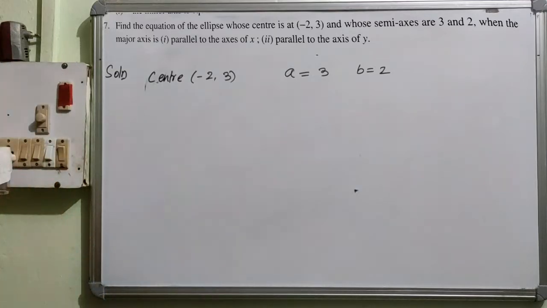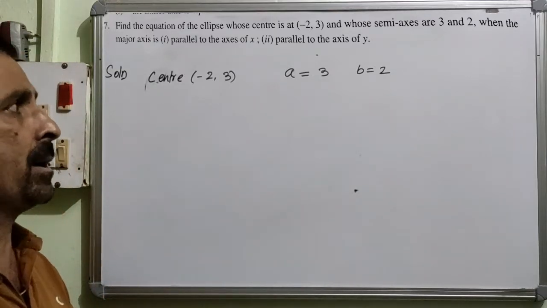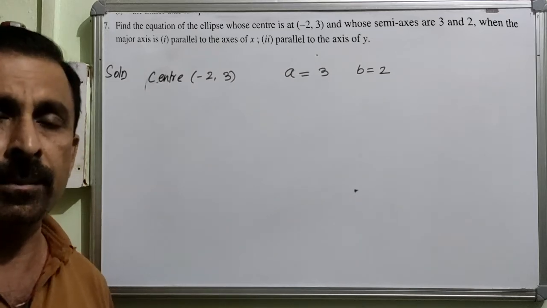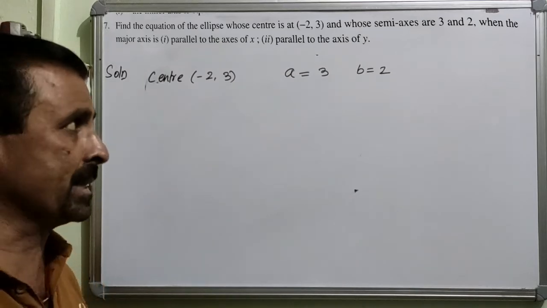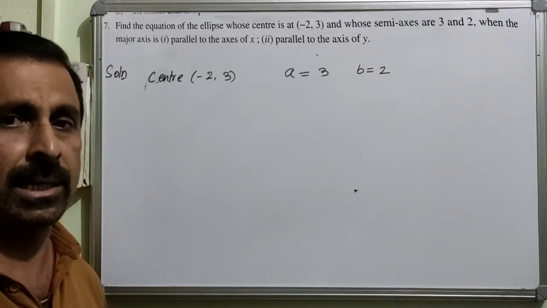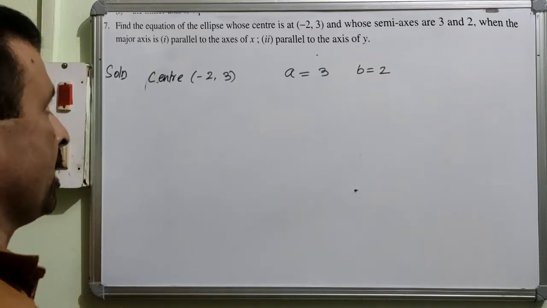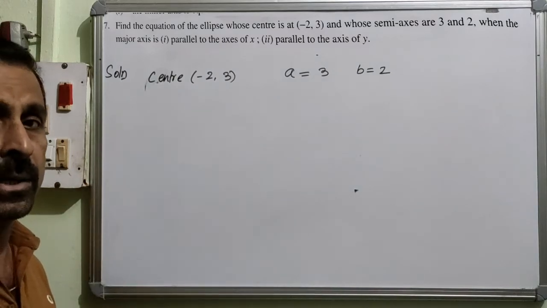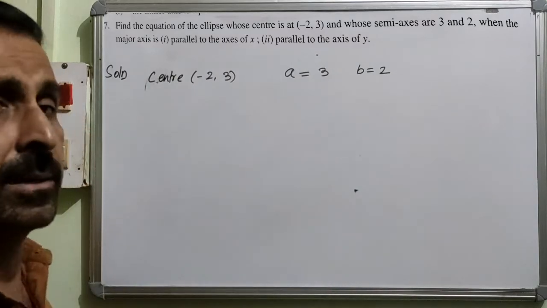Now we have to find the equation of the ellipse when the major axis is along the x-axis. As you can see here, the center is at -2 and 3 and it is not at 0.